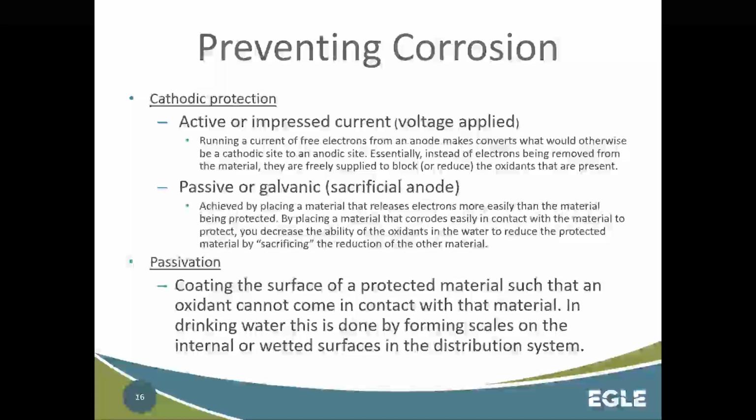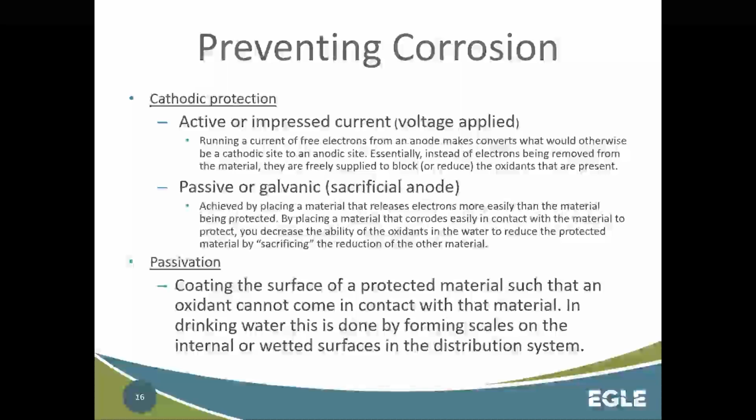In our circumstance, drinking water, you're talking about the pipe wall having a passivation layer in between it and the water column, not allowing that water to come in direct contact with the pipe wall, because you're forming calcium carbonate scale, or phosphate scales of some kind, or maybe even silica scales. Okay, so that's the concept we're talking about.